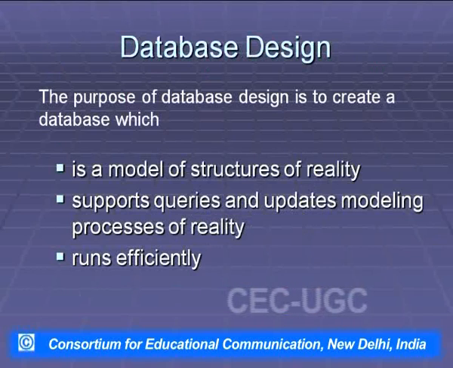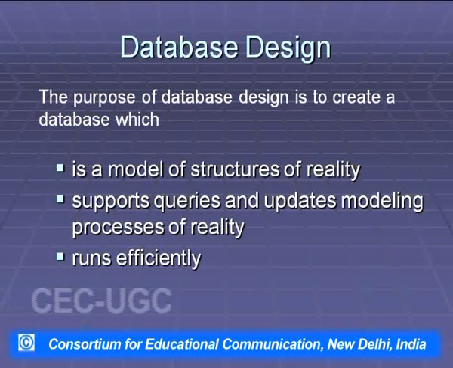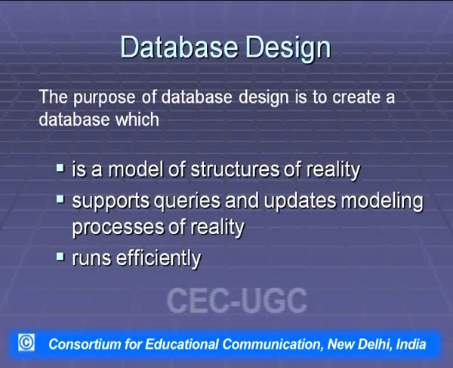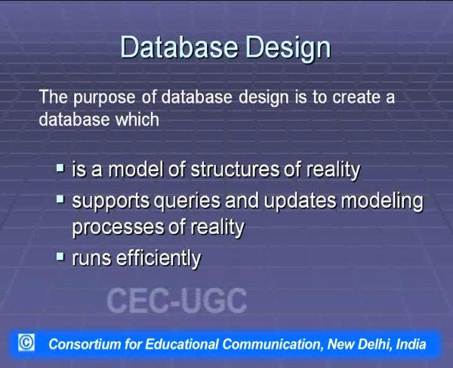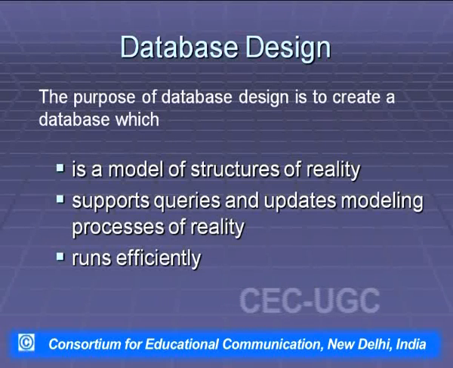Now, database design. The purpose of database design is to create a database which is a model of the structures of reality, supports queries and updates modeling processes of reality, and runs efficiently.